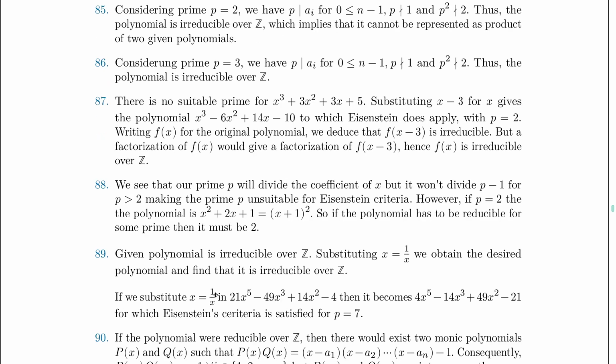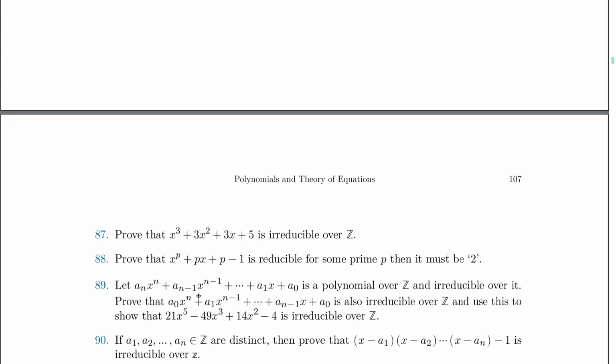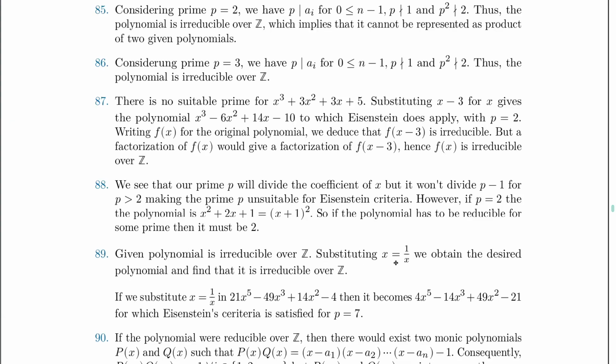Now, we have been given that this polynomial is irreducible over Z. So we substitute x equal to 1 by x and we find that it is also irreducible over Z. Now we substitute x equal to 1 by x in 21x to the power 5 minus 49x cubed plus 14x square minus 4, and it becomes 4x to the power 5 minus 14x cubed plus 49x square minus 21.